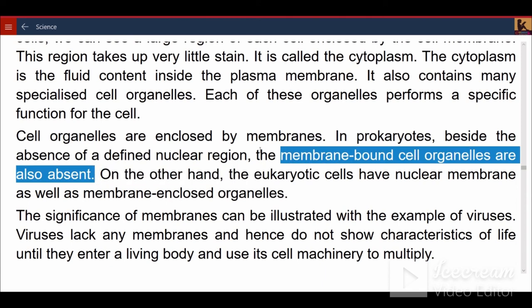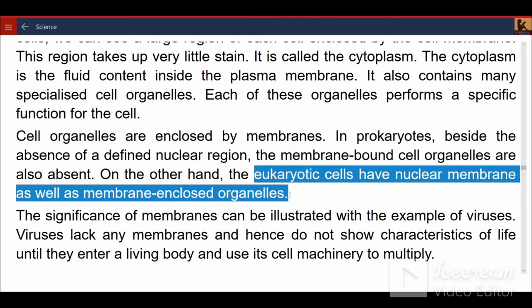Cell organelles are enclosed by membranes, but in prokaryotes, that bound region is absent. Eukaryotic cells have a nuclear membrane as well as membrane-enclosed organelles. The modern cell, or you can say the well-developed cell, has a nuclear membrane and membrane-enclosed organelles.